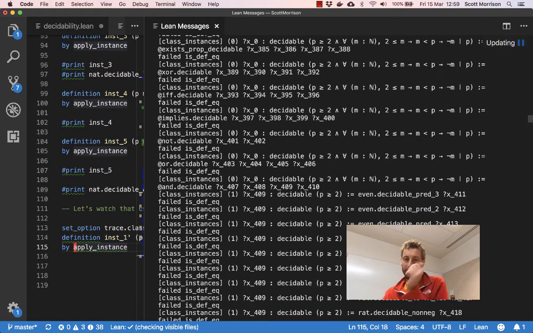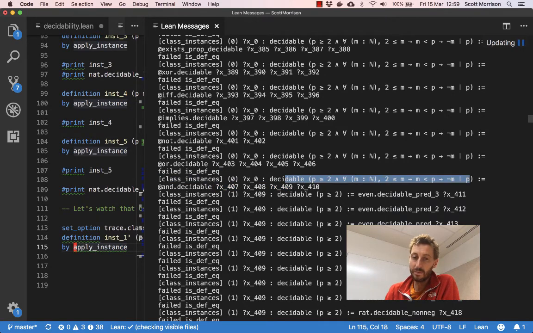Okay, so what happened at that point? It said, well, one way of providing a decidability instance is to use and.decidable. And Lean said, oh yeah, that does actually match. It's possible that and.decidable with some mysterious arguments, x 407 through 410, could possibly produce something like this.